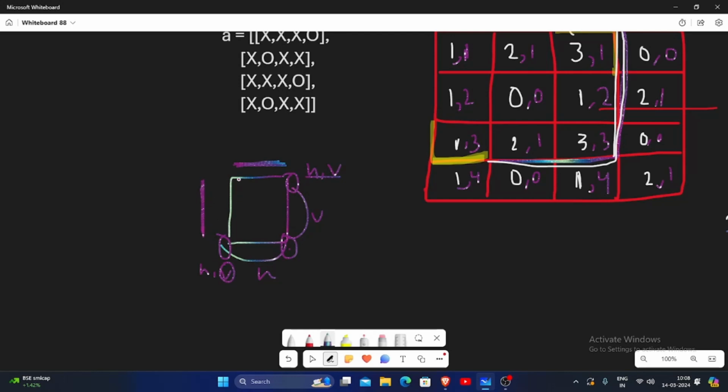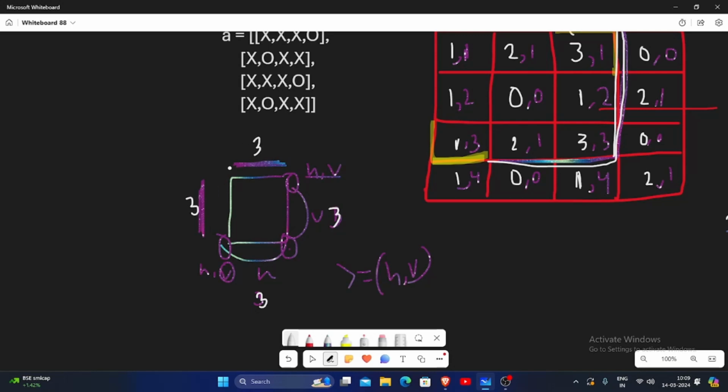And if both this horizontal and vertical are greater than or equal to the horizontal and vertical I get from this point, because if it is 3, and this is 3, then this also needs to be at least 3.